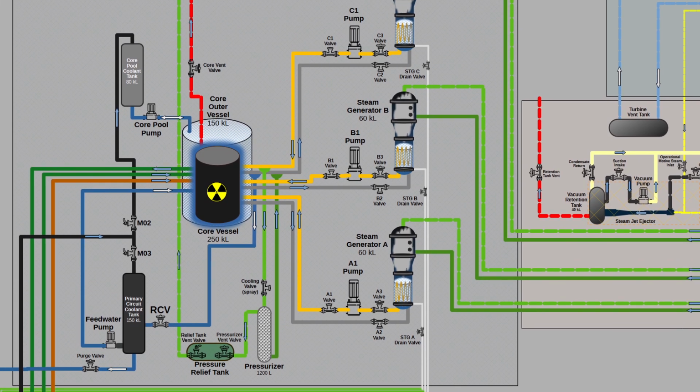Same with generator B, goes through B3 valve, B1 pump and B1 valve into the core vessel, and again generator A goes out of the bottom, A3 valve, A1 pump and A1 valve into the core vessel.